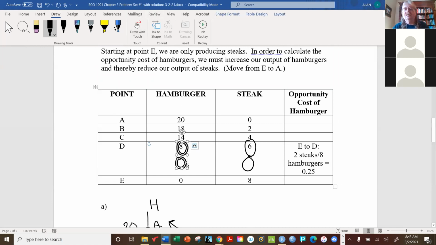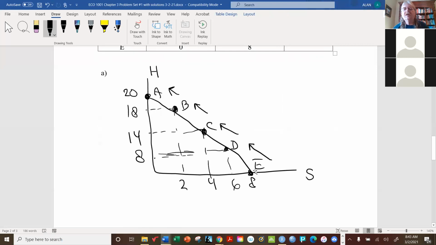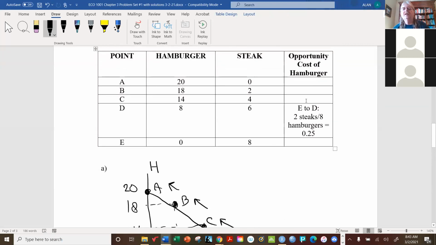What happened to these guys? But anyway, the logic is that we're moving from E to D. And then we go from D to C. All right, D to C. And here, just to visualize that you are looking at the steaks. We're losing 2 more steaks.